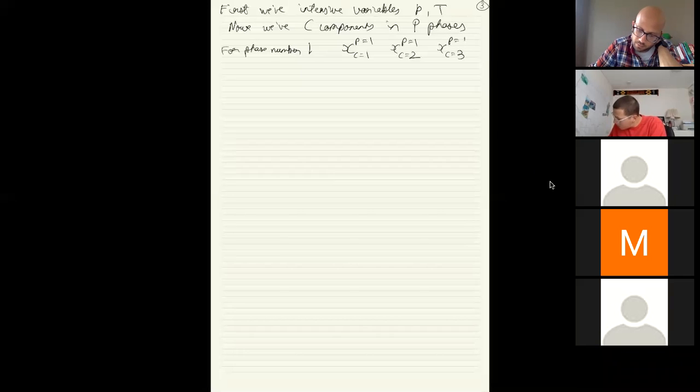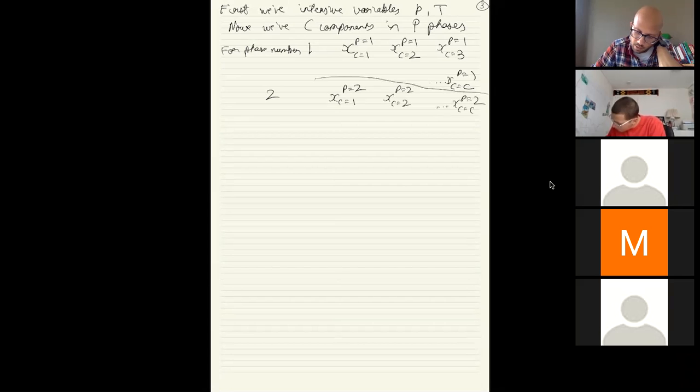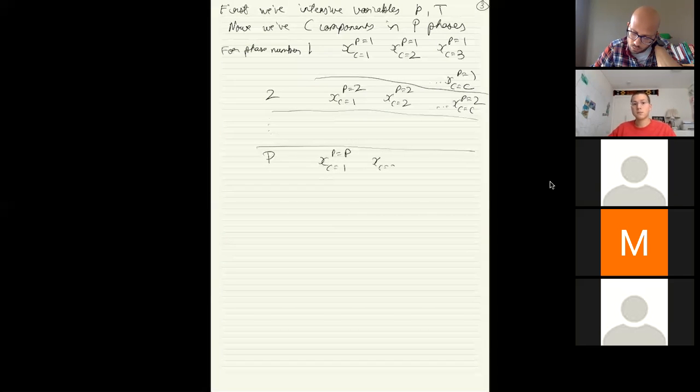In phase number 1, you go up to component C equal to C. Similarly, phase number 2, you have component C equal to 1, C equal to 2, and C equal to C in phase 2. And you can write this down for different phases until you go to phase number P, where you will have component C equal to 1, C equal to 2, up to C equal to C in phase P.